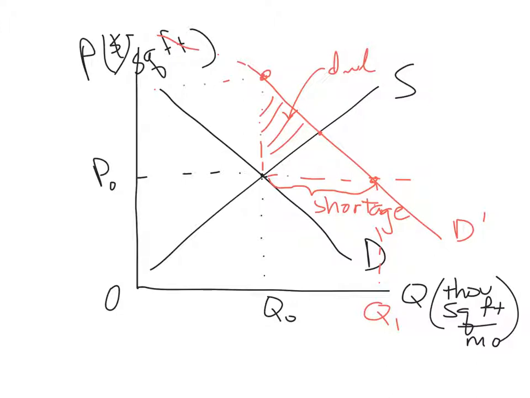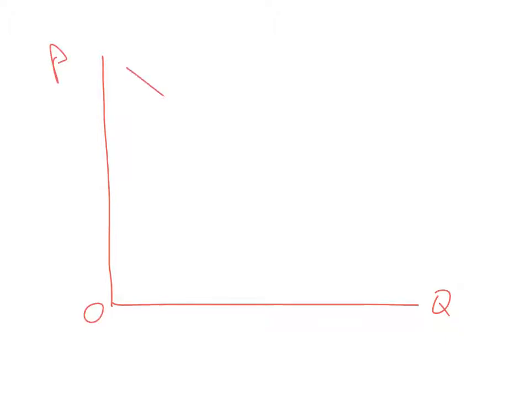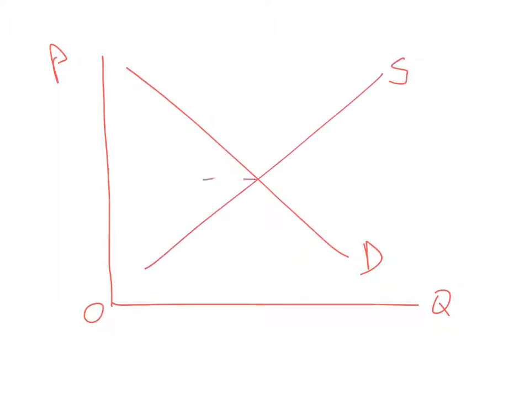So let's think about how streamlining the process of getting a permit to build residential housing would look. I guess I'm going to start in red. Streamlining the process of building apartment housing for rent, I guess, is what we're talking about here.